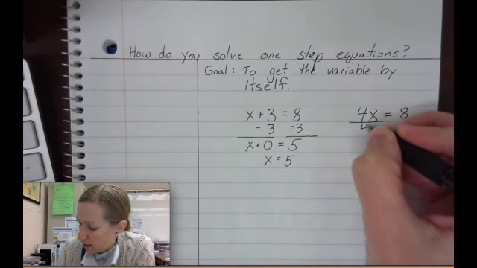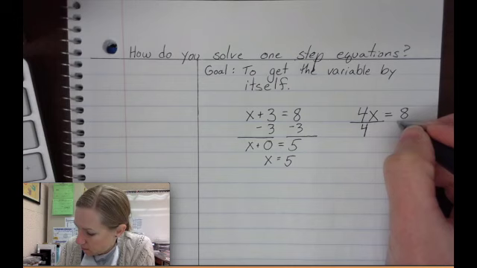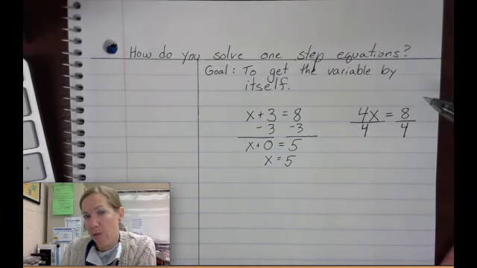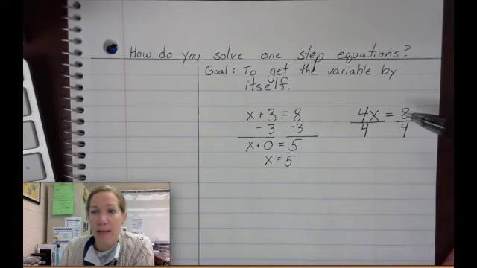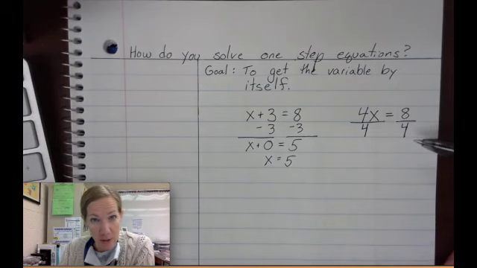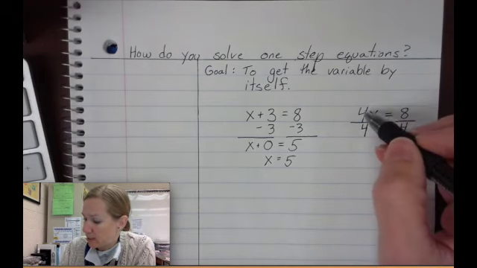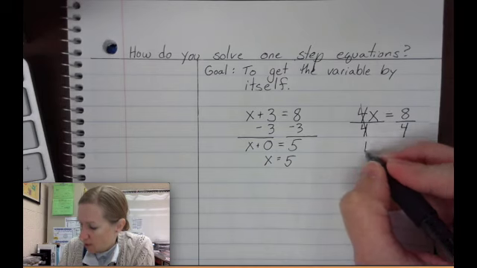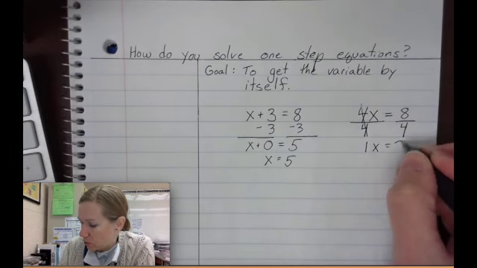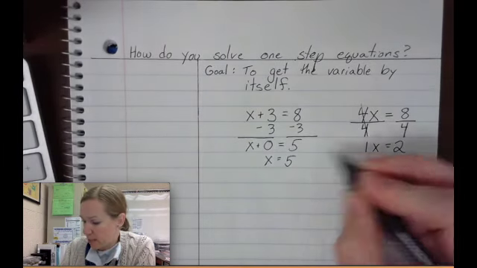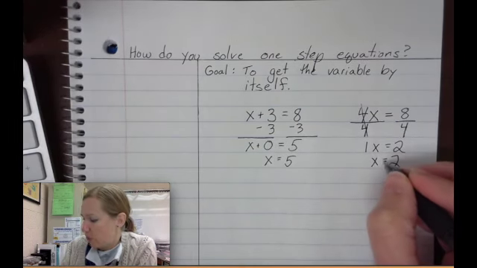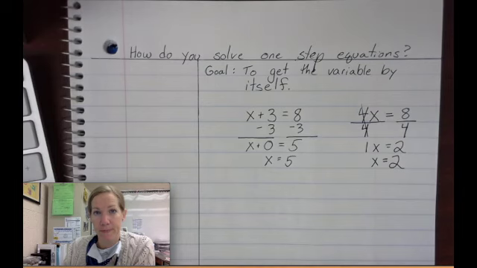So we're going to divide both sides of the equation. Remember earlier in the year when I said you always read fractions as the numerator divided by the denominator? This is one of the reasons. So when we divide this, these become 1. So 1x equals 2. And once again, just like this plus 0 over here, you don't need the 1 there, so let's not write it. So we get x equals 2.